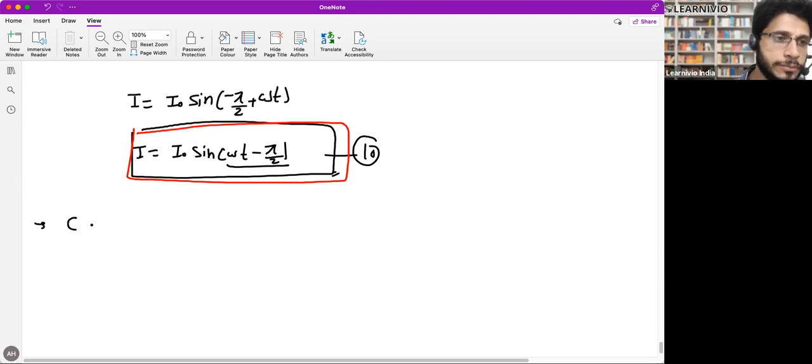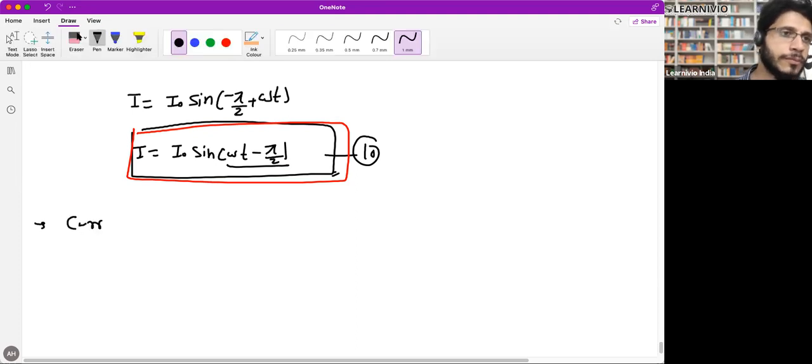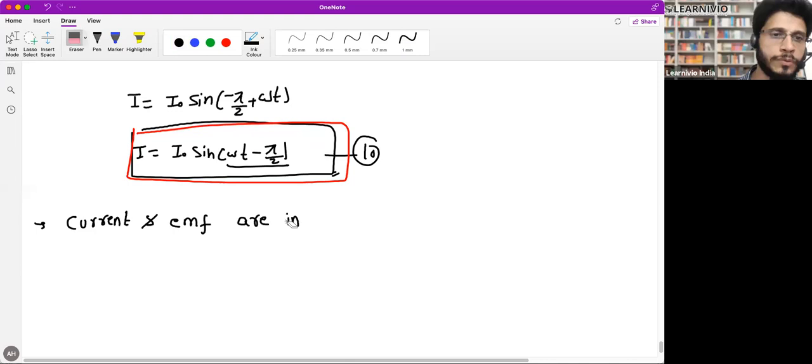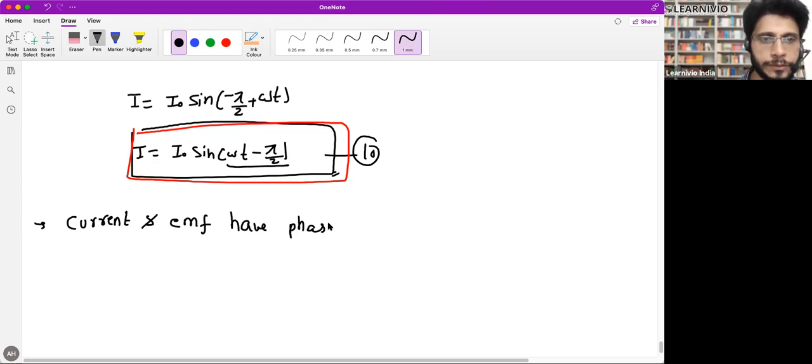So current and EMF are in different phase, with a phase difference of pi by 2.